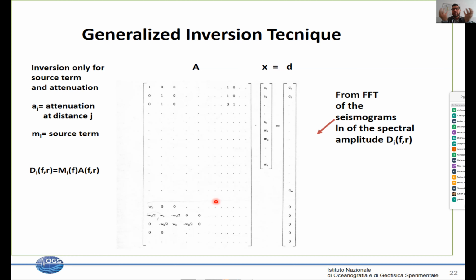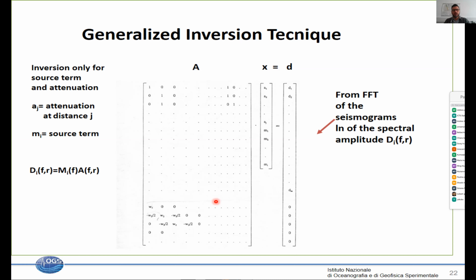So I have to try, from my recordings, to separate the contribution of each of these terms, which are the path, the source, and the site response, that together generate the spectrum of the seismogram. This is generally done through a method called the generalized inversion technique.